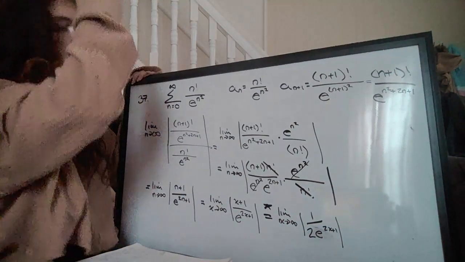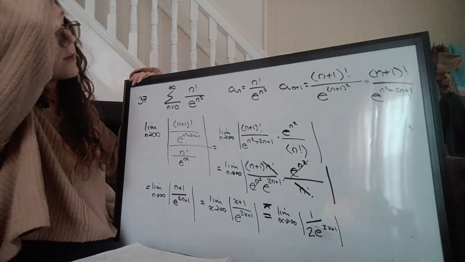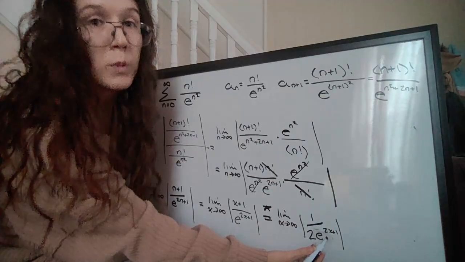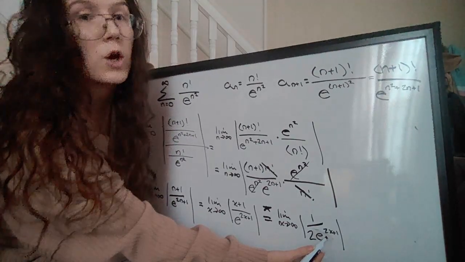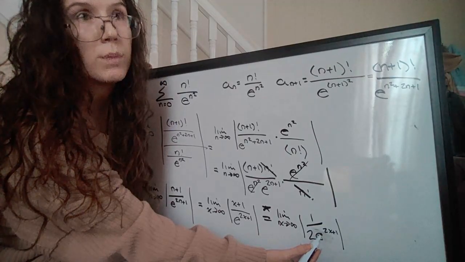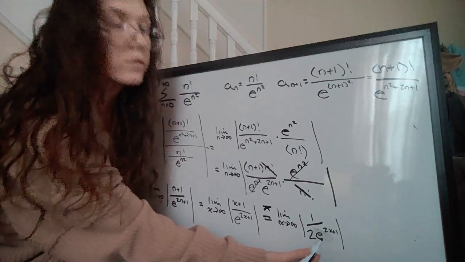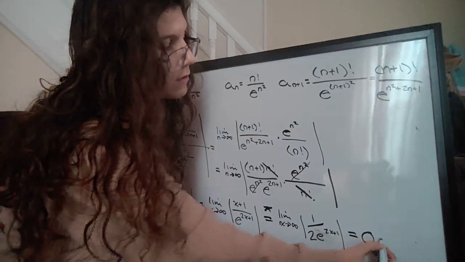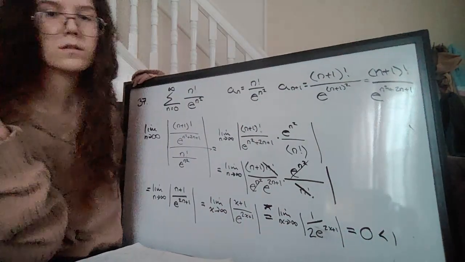And if we take the limit as x approaches infinity, x in our exponent is going to get bigger and bigger and bigger. That is in our denominator. Our denominator is going to get bigger, which makes our whole number smaller, which means that this approaches 0, which is less than 1.